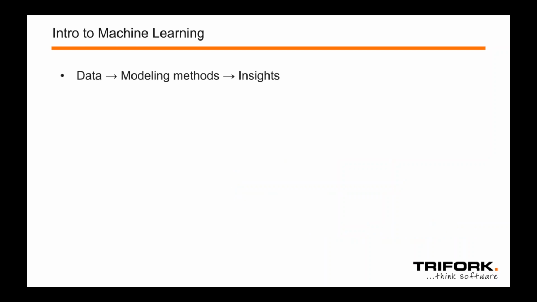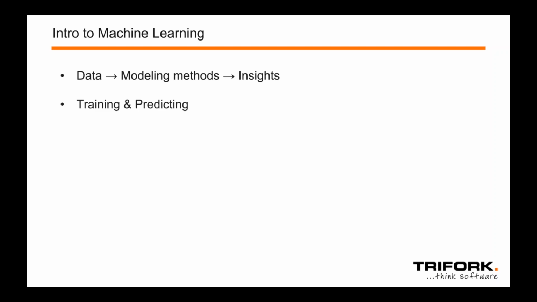First off, in simplest form, machine learning is about taking data, combining that with modeling methods, and then gaining insights. I must admit it's quite a simple explanation so far. Secondly, there are two phases.